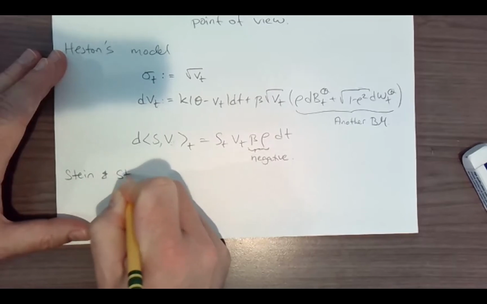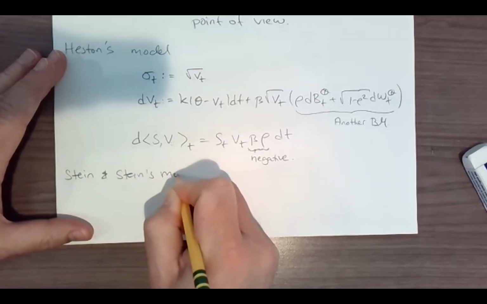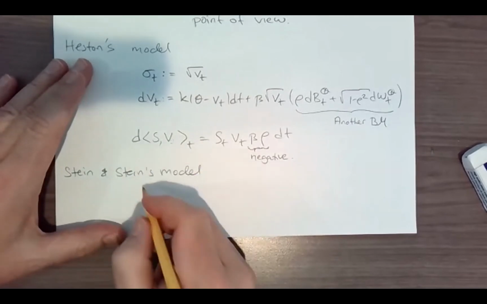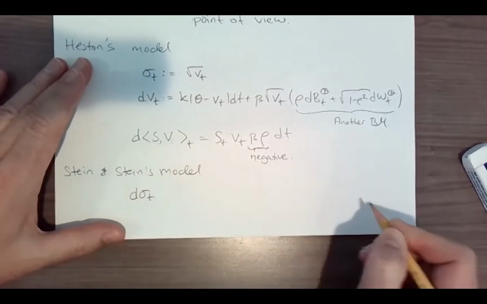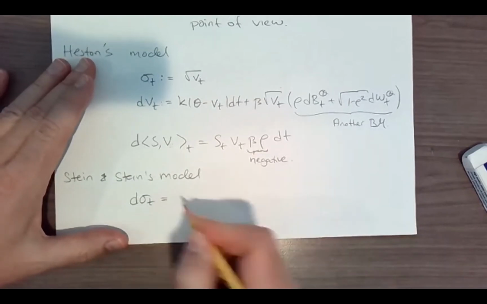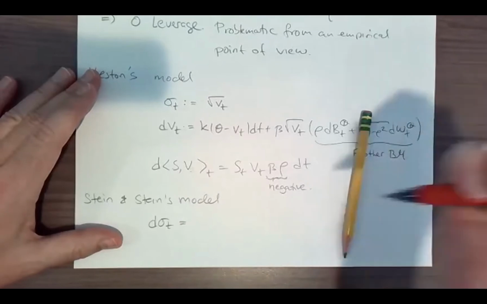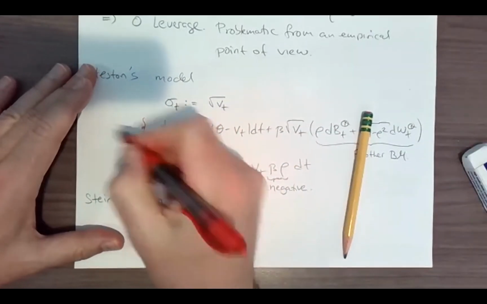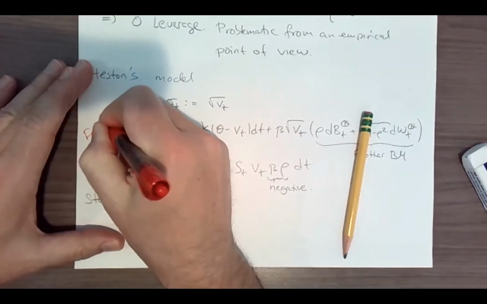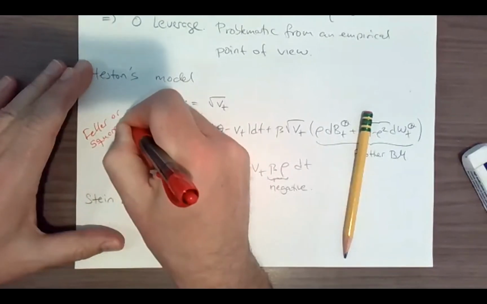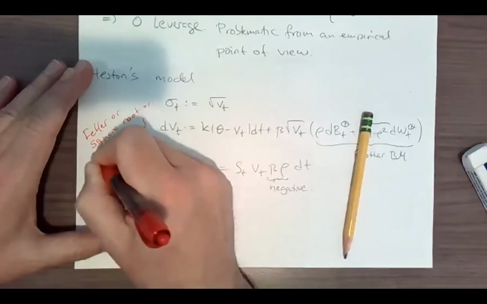Stein and Stein says that the volatility is an Ornstein-Uhlenbeck process, right? So this one here is Feller, or square root, or CIR.